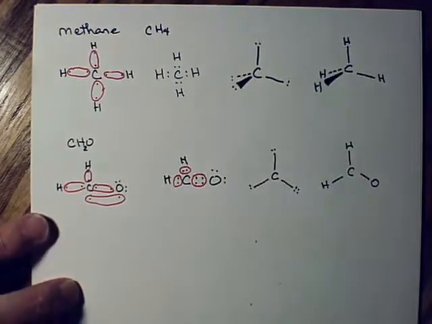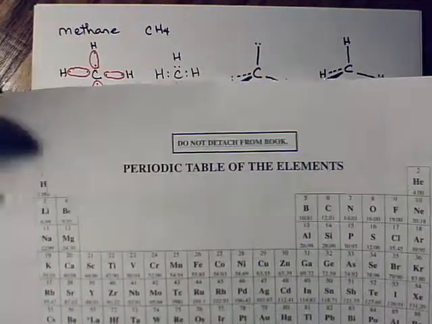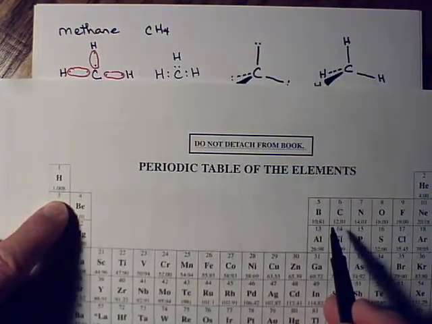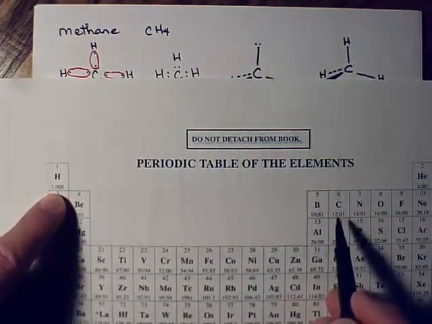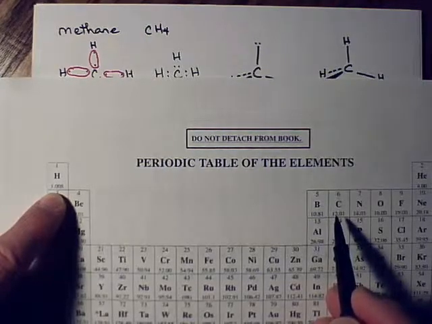All right? So now we've got to figure out about the polarity. So let's look at our periodic table and do some estimations here about polarity. You should know, just because we've worked with it enough, that the difference in electronegativity between carbon and hydrogen is about 0.5. Okay?